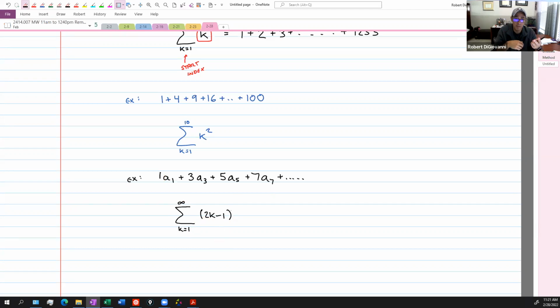If I plug in 2, I'm going to get 4, and I take away 1, that gives me 3. Make sense? Now, I'm not done. I have to put a subscript 2k minus 1 as well. And that would be the generic sigma notation or summation notation for this sum.